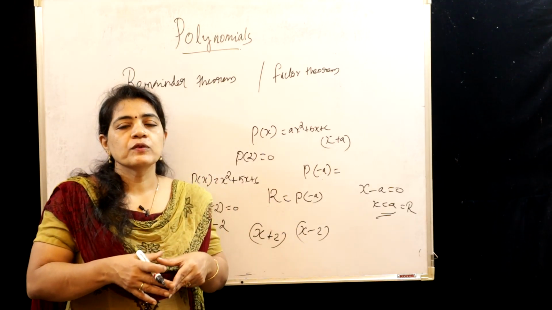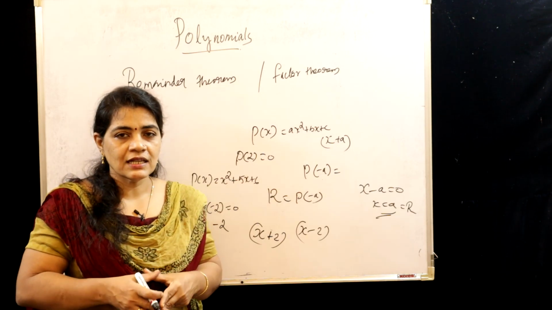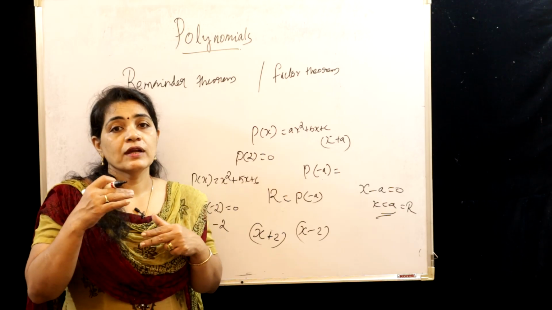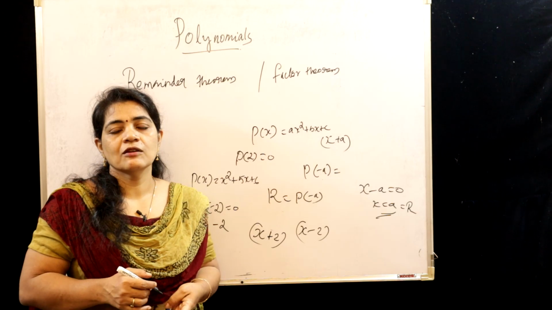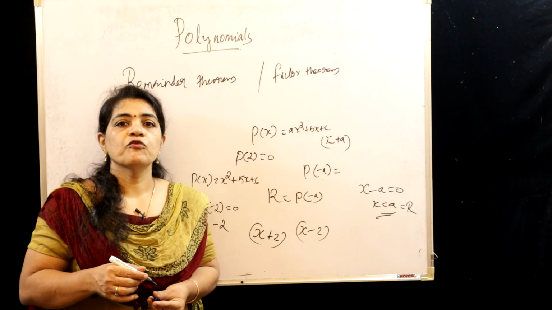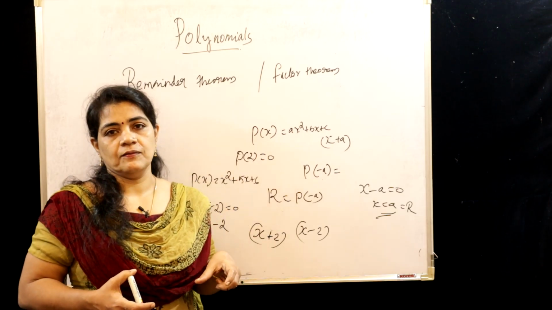That is the relation between the remainder theorem and the factor theorem. The value which makes the polynomial 0 can be expressed in terms of a factor. If p of minus 2 is 0, then x plus 2 is a factor. If p of 2 is equal to 0, then x minus 2 is a factor.